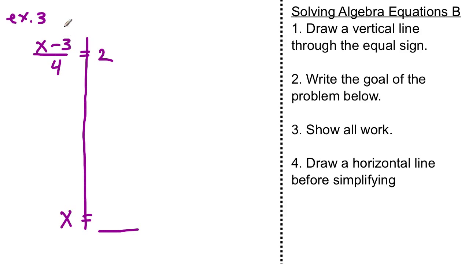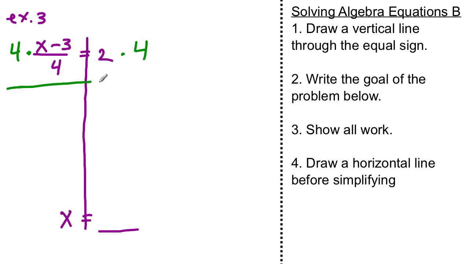Now we have these two problems to take care of. We want to get rid of the negative 3, and we want to get rid of the 4. On this type of problem, we're going to need to multiply first. Notice this is x minus 3 divided by 4, so we want to do the opposite of dividing by 4: multiplying by 4 on both sides.